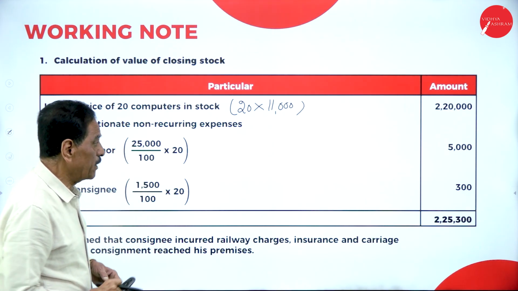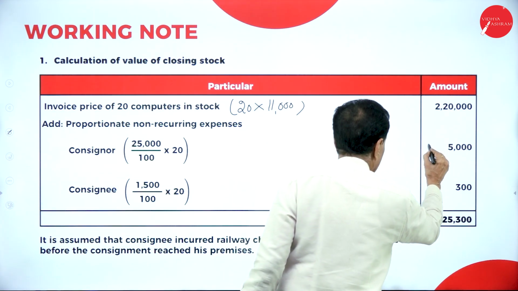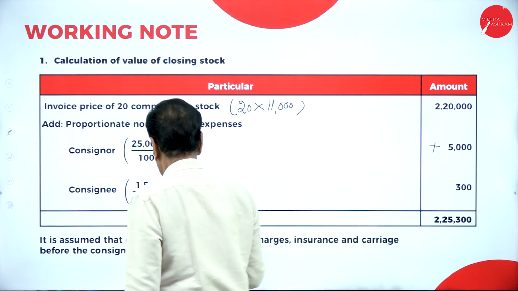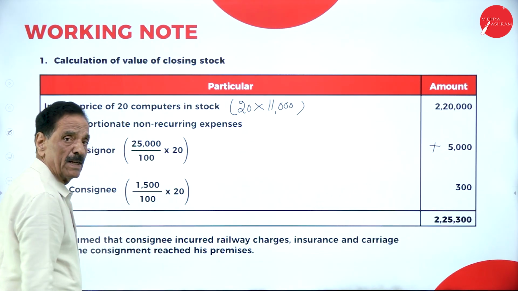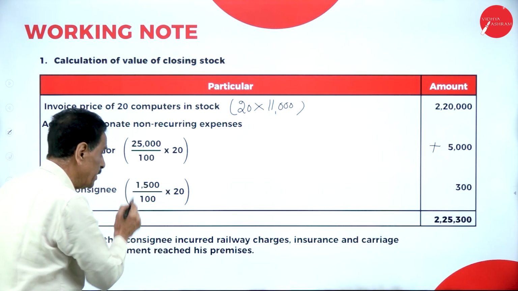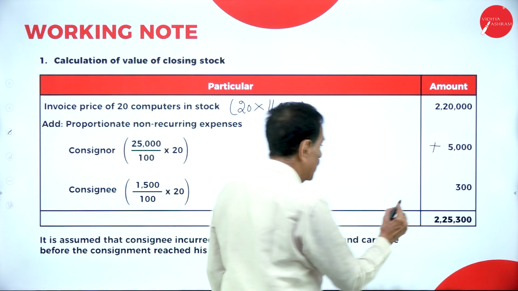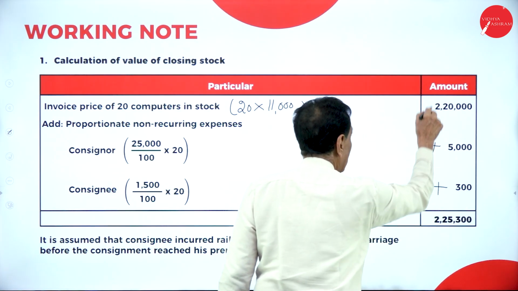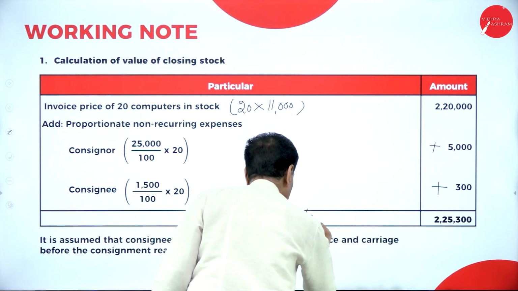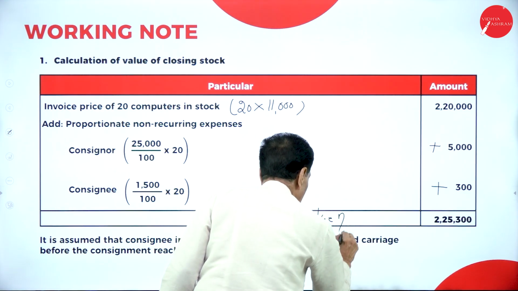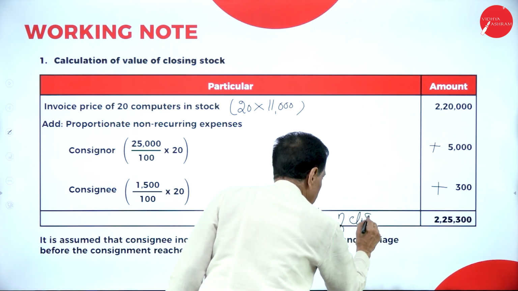For how many do we require? 20. It will work out to 5,000. Then consignee expenditure is 1,500 for how many computers? 100 computers. How much is left over with the consignee? 20. It will come to 300. If we add all this now, it will come to 2,25,000 value of closing stock.